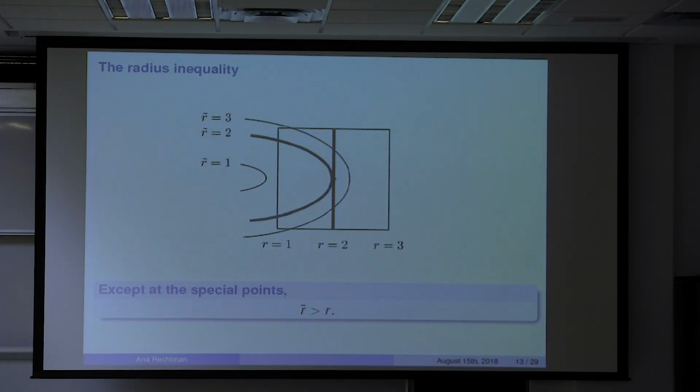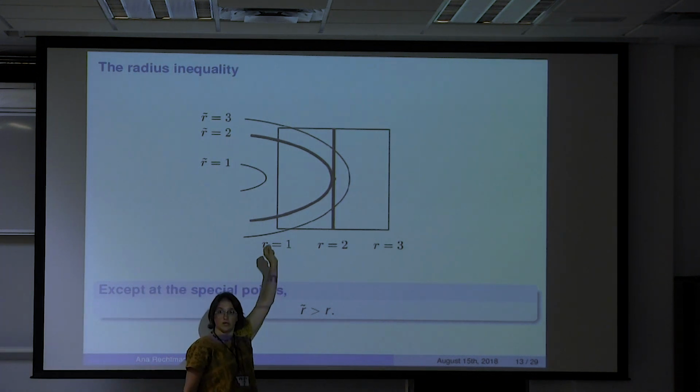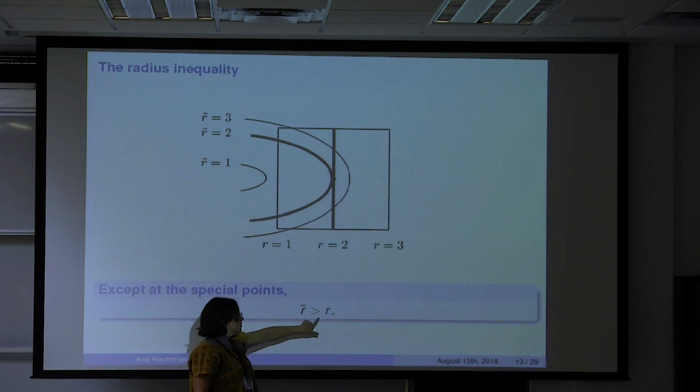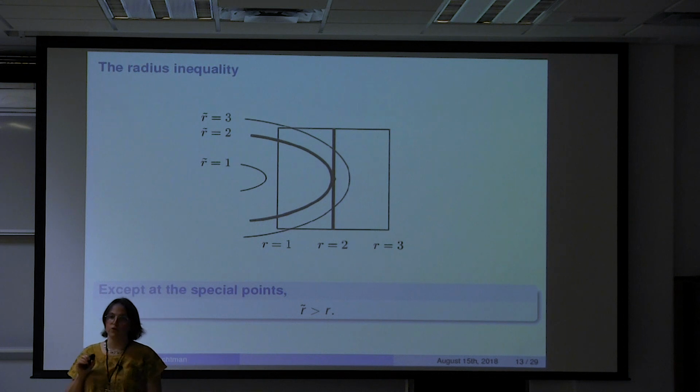But when you get to the insertion, you will see a new radius coordinate that comes from the insertion. And you need to ask that except at that point that I chose that went to the periodic orbit, at any other point, the radius will grow when you hit an insertion. And this is one way to control things. And if you don't ask this, you cannot prove that there are no periodic orbits. This is only used to prove that there are no periodic orbits.